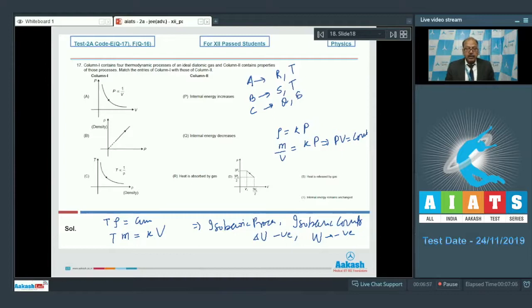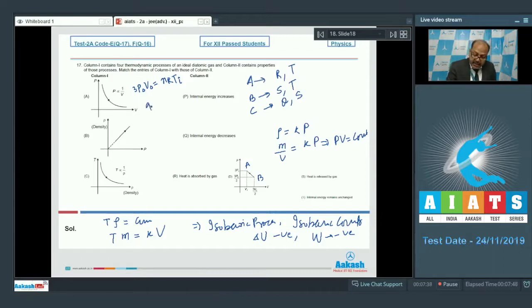Let's now look at entry D. For D, we can see that the product of pressure and volume initially is 3 P0 V0, and we can equate it to nR times the initial temperature. Let's call this point A and this point as B. So at A, the product of pressure and volume is 3 P0 V0, and at B, the product of pressure and volume is 3 P0 by 2 into 3 V0 by 2.